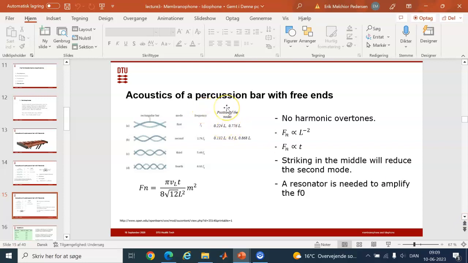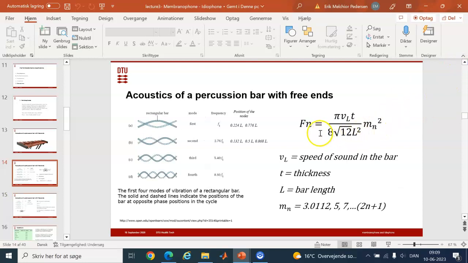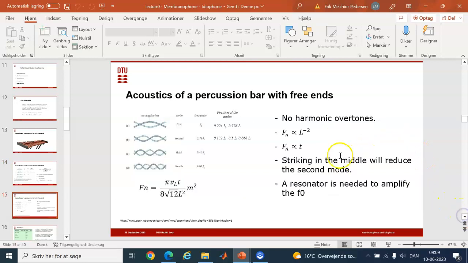Acoustics of a percussion bar with free ends. There are no harmonic overtones. As you see in the term here, Fn is proportional to 1 divided by L squared, that is, proportional to L to the minus 2.